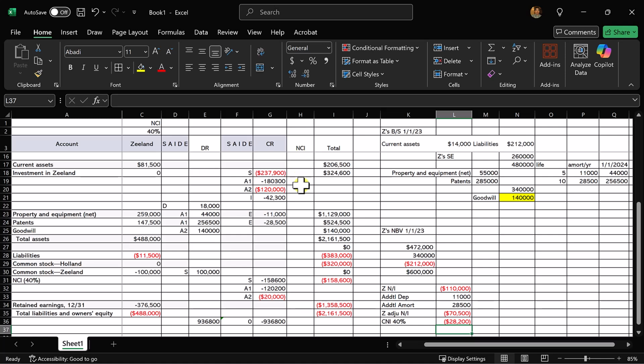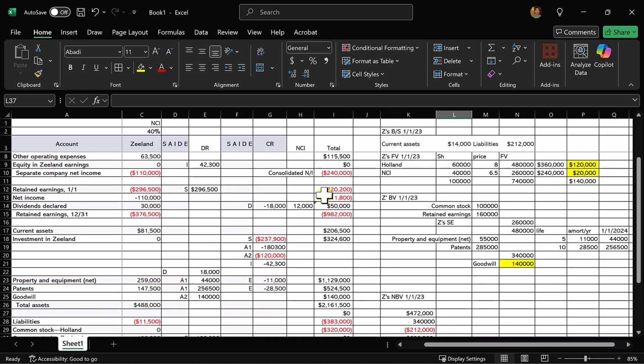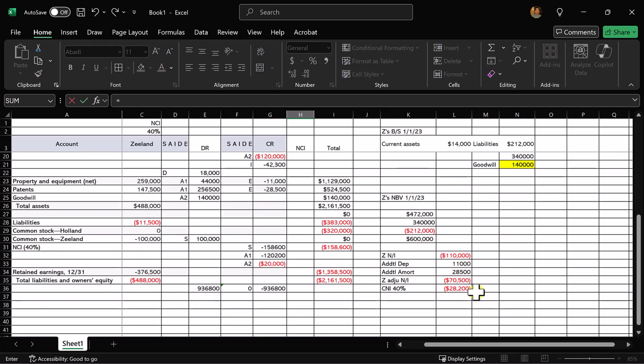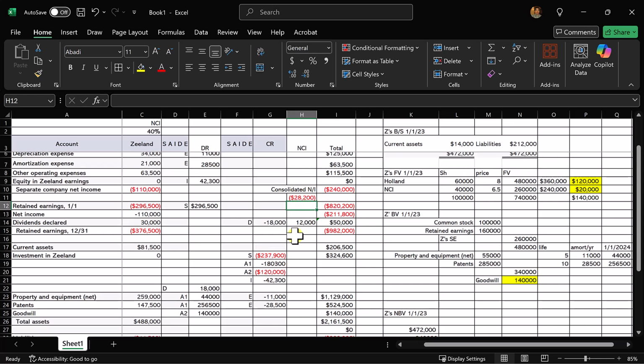the non-controlling interests. So where is my net income? Here. And income is credit. So I'm going to take that negative amount here and allocate it, including this dividend, yeah, to the non-controlling interest.